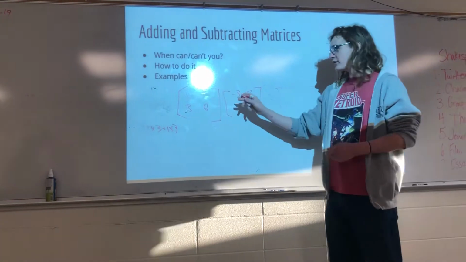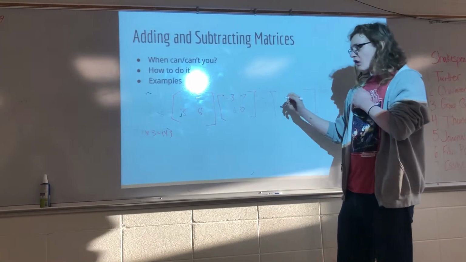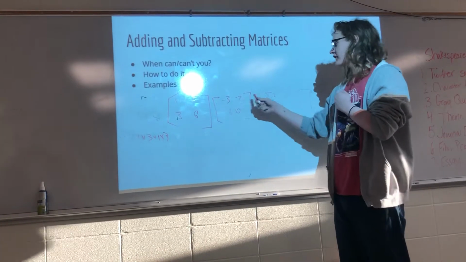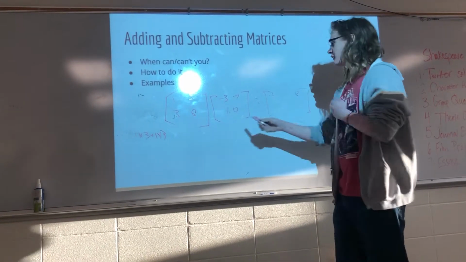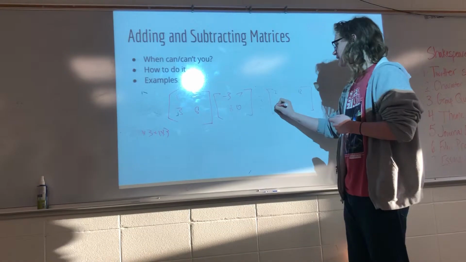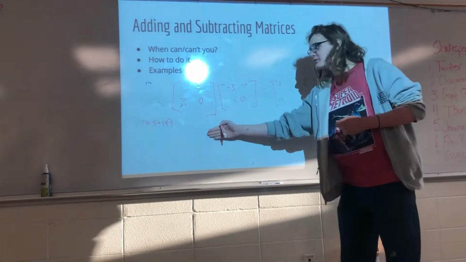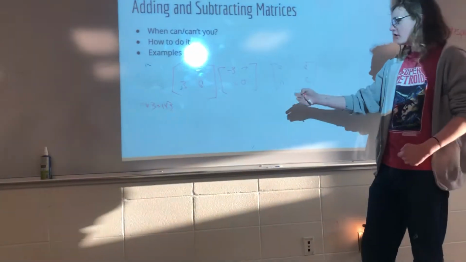You add up 1 and -3, which is -2. You add up 5 and 7, which is 12. You add up 3 and 8, which is 11. And you add up 6 and 0, which is 6. And so these two matrices equal a matrix with this.